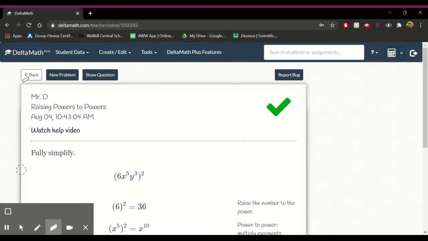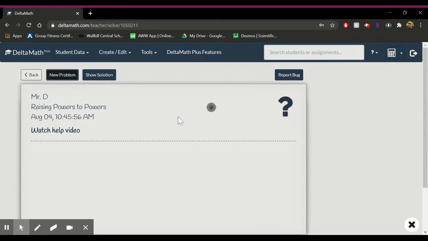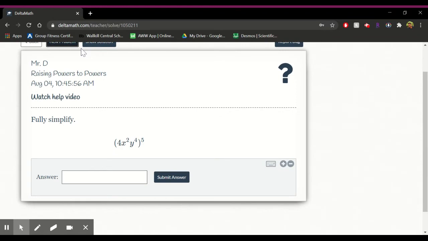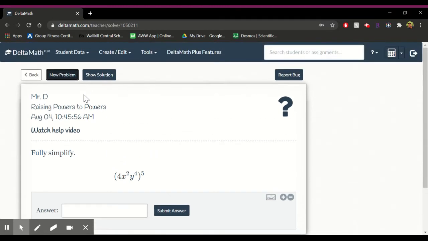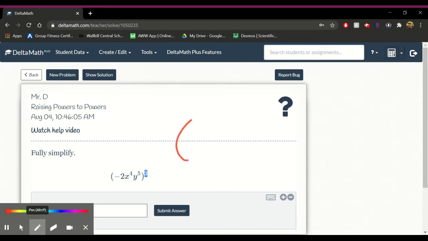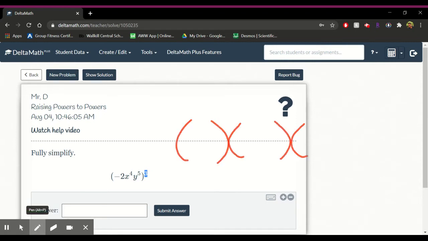All right, let's look at another one. This one, we'll go back to one where we have a 3. Let's go a little bit less intense here. So we're going to expand this out 3 times.